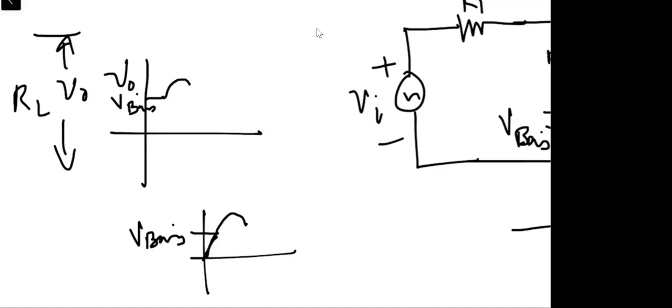And when the input is getting down, at the instant when it again becomes equal to V bias, the diode will again become a closed switch from the open switch. This means we have a transition from the off state to the on state of the diode. So the output will be something like this.